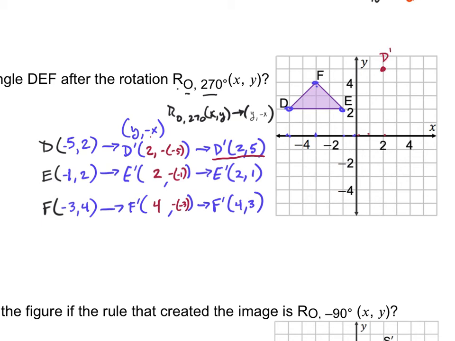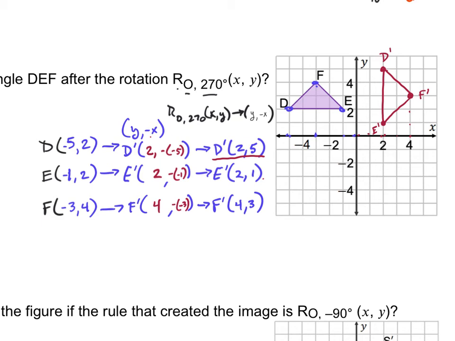So there's D prime. E prime is (2, 1), so 1, 2, 1. E prime. And then F prime is going to be (4, 3): 1, 2, 3, 4, 1, 2, 3. F prime. So there is my new image rotated 270 degrees.